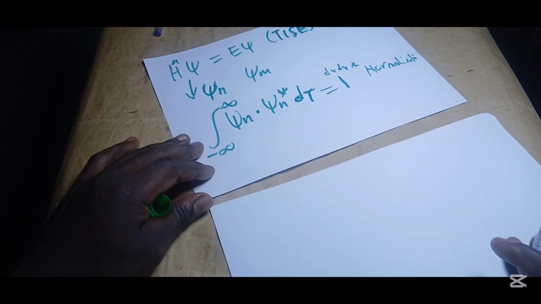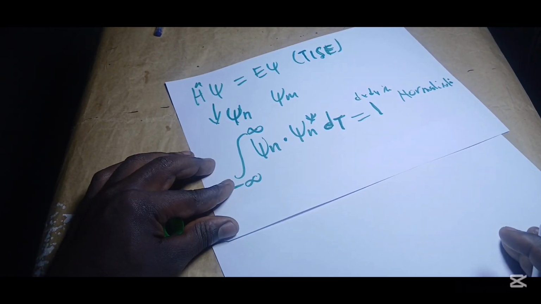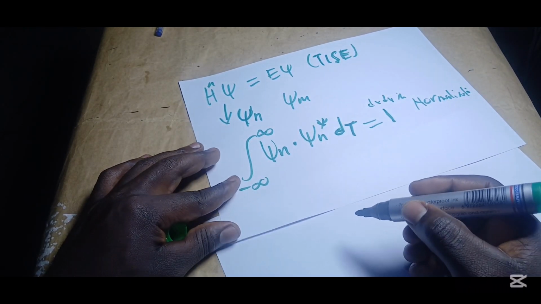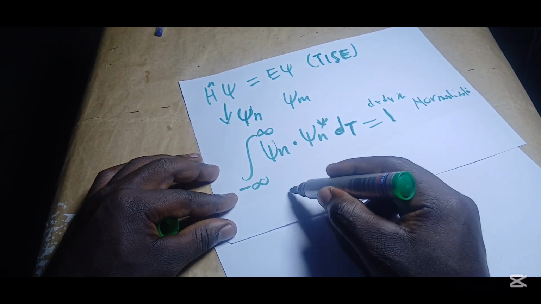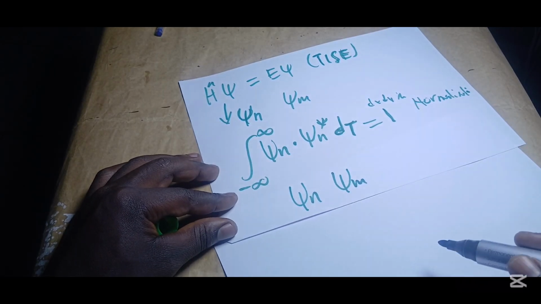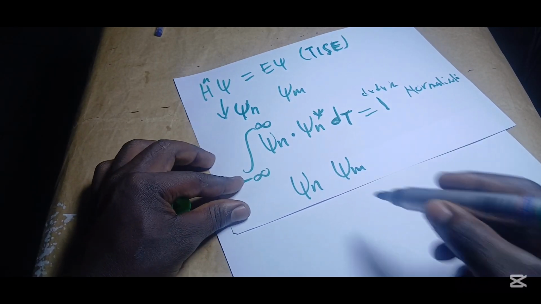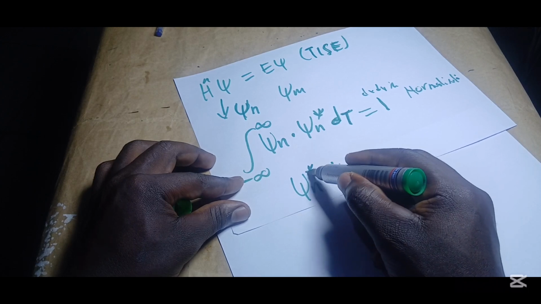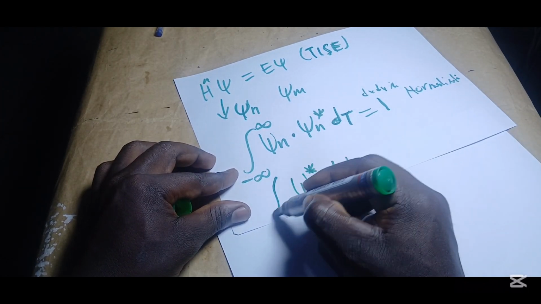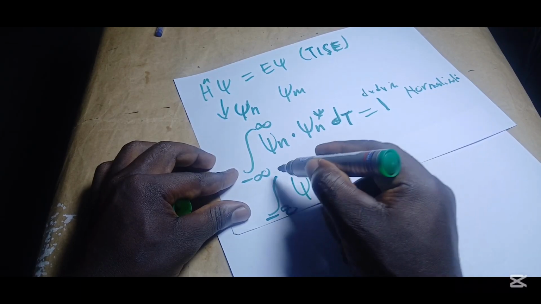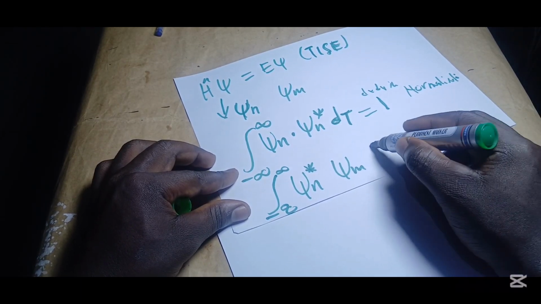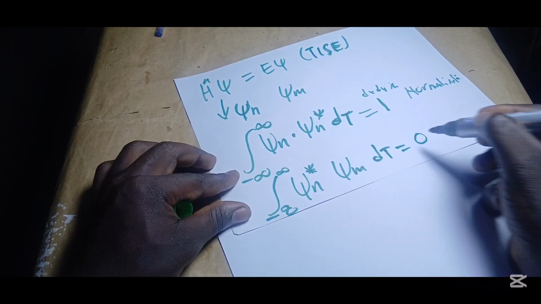So what if we have two wave functions from the Schrödinger equation, let's say psi of n and psi of m, one operating on the complex conjugate of the other. Let's say the limit of integration is from negative infinity to positive infinity, and the result happens to be 0.